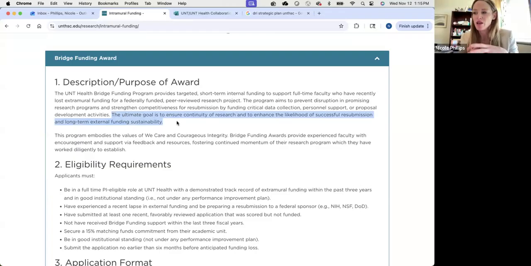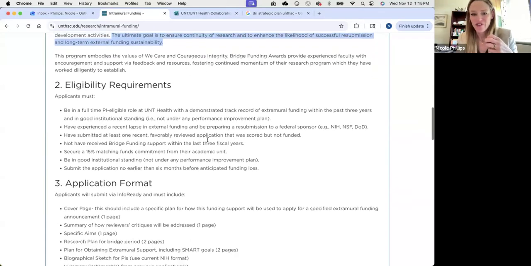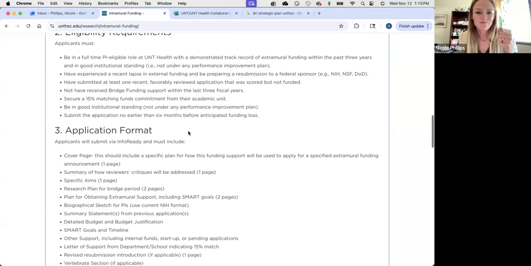And so it's a really powerful way to show support and to keep momentum for faculty, because it's just the nature of the business, right? We have times of famine and feast. So that's just the nature. So that's understood. And this is one way that DR is hoping to support faculty in those times when it's cut lean and you have to get through and keep your research moving.